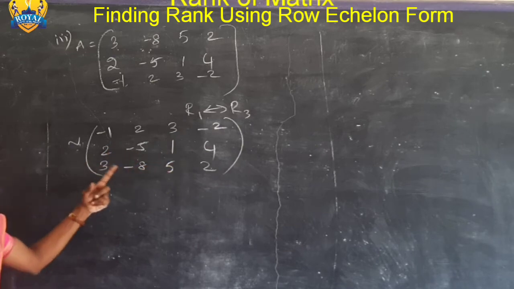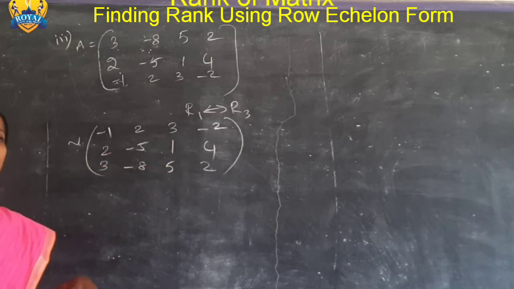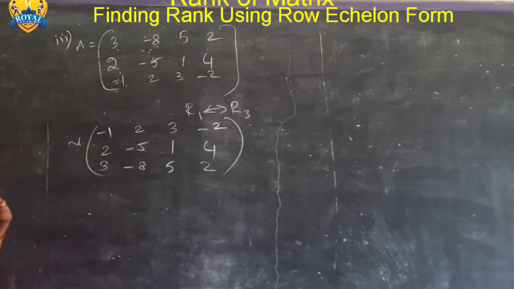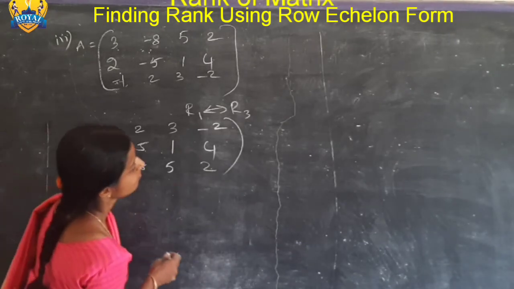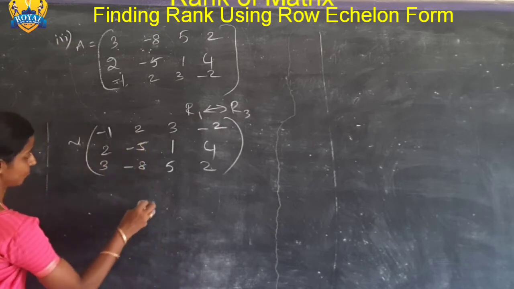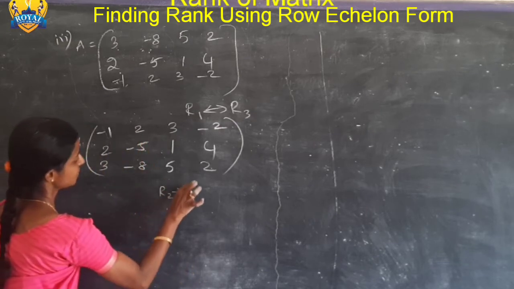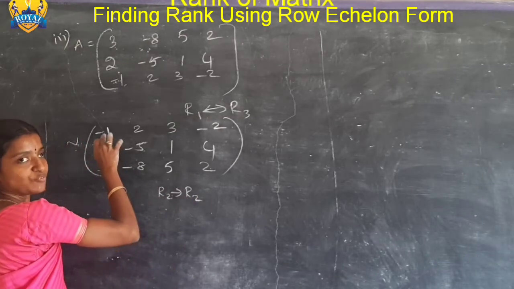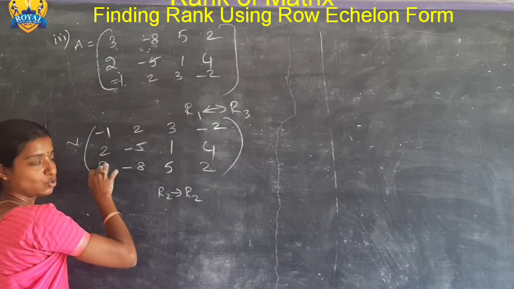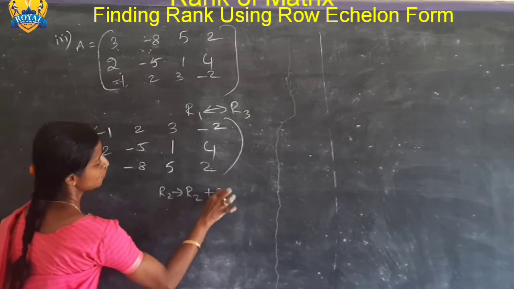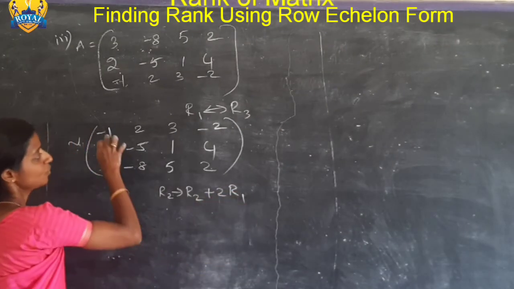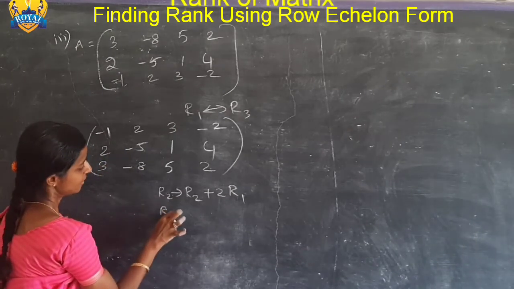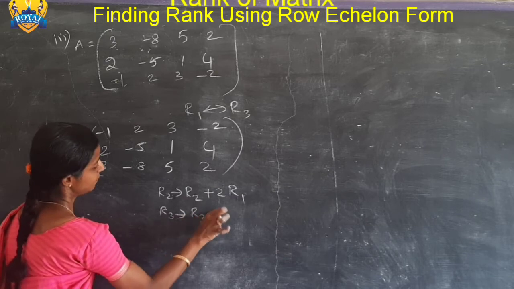Now we will perform the elementary operations with row 2 and row 3 with the help of this row 1. So my R2 is R2, here I have minus 1. So if I multiply 2 and add with R2, so R2 plus 2 times R1, 2 into minus 1 minus 2 plus 2 becomes 0. Similarly R3 plus 3 times R1.